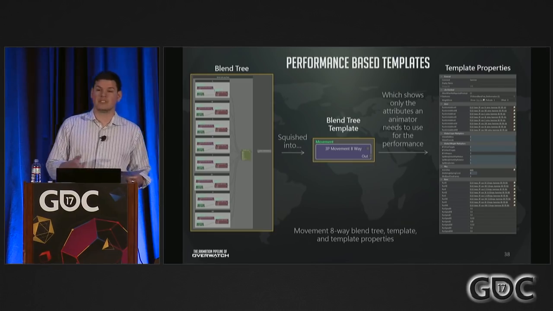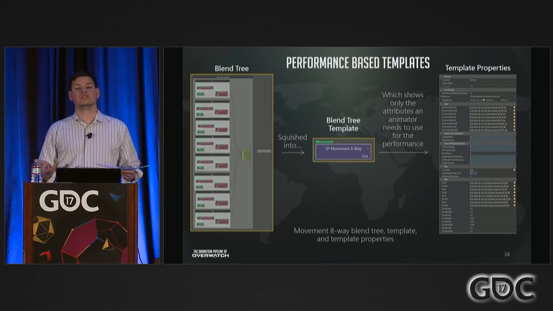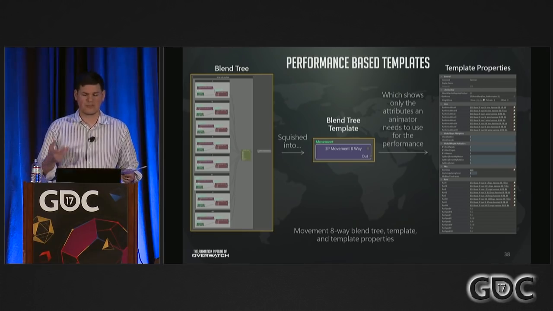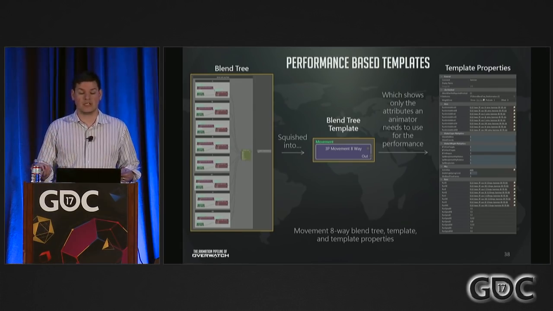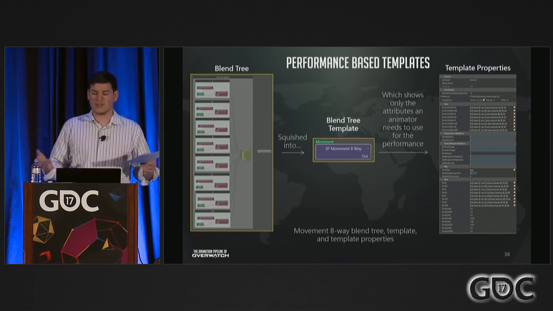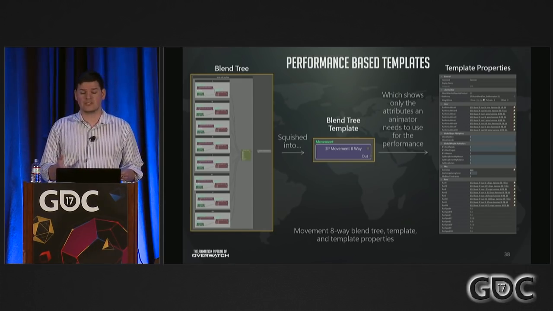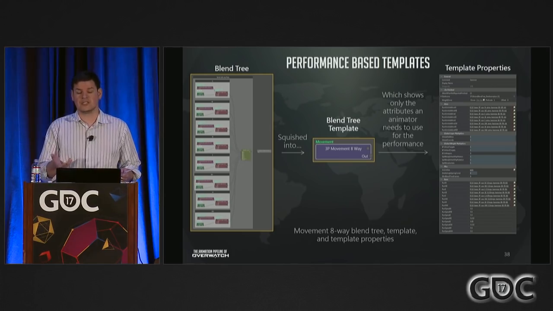So on the left here, you have a typical blend tree. This is something similar to what you might find in Unreal or Unity or a similar package like that. For those who don't know what a blend tree is, it controls when animations play, how they blend together, which animations override which, and for us, like server-side pose syncing, which animations are playing on the server, and so on. All this information is squished down into what we call a blend tree template, which is that little purple box in the middle.